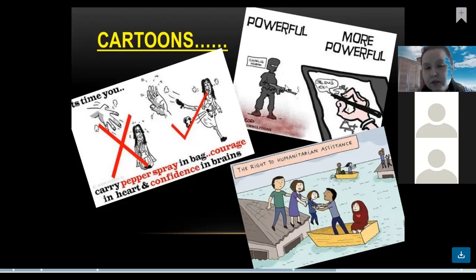Why are the cartoons very interesting and engaging for young learners? Of course, that's why most of the children like watching cartoons.